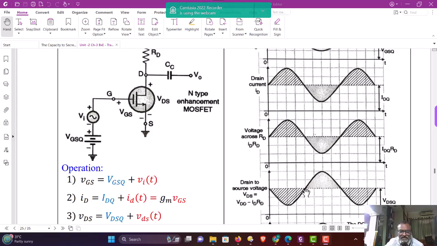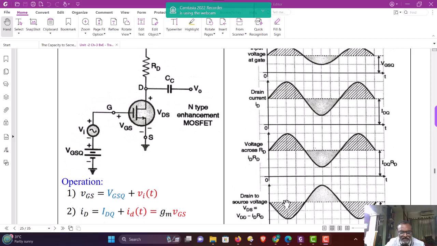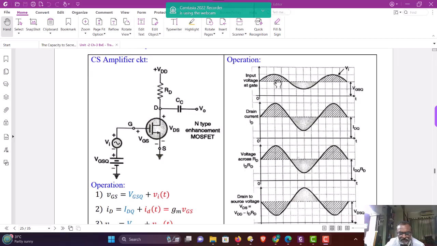We will observe that the voltage VDS is 180 degrees phase shifted with the input voltage, and therefore between drain and source the output voltage is 180 degrees phase shifted with the input voltage, whereas the voltage across RD is in phase with the input voltage.